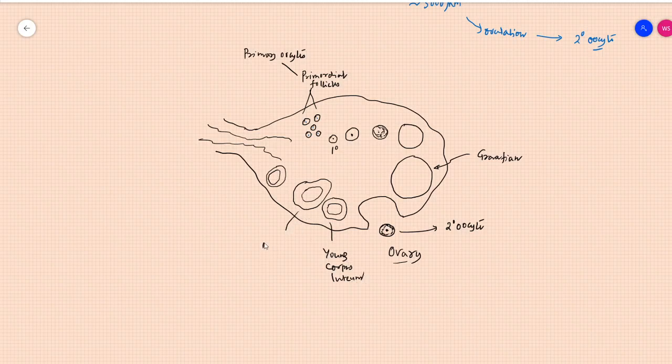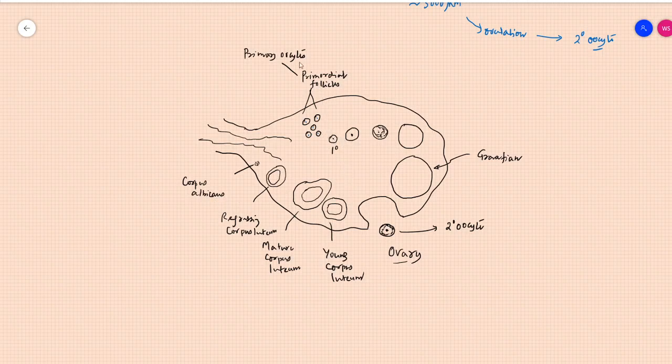And this is a mature corpus luteum. And this is regressing corpus luteum, and ultimately it becomes a scar tissue. Okay, so that is called corpus albicans.